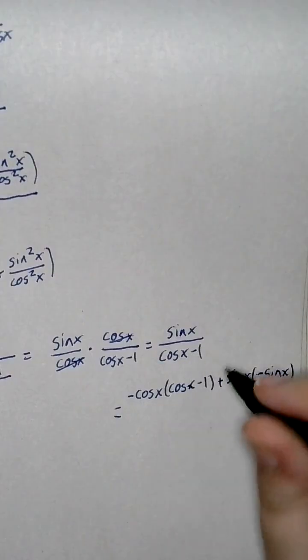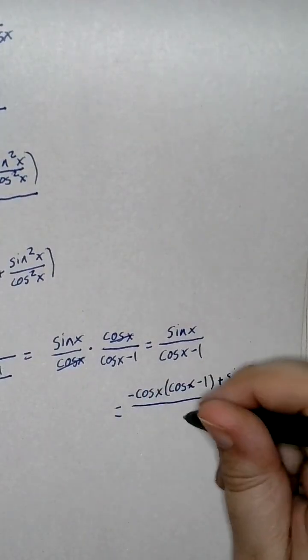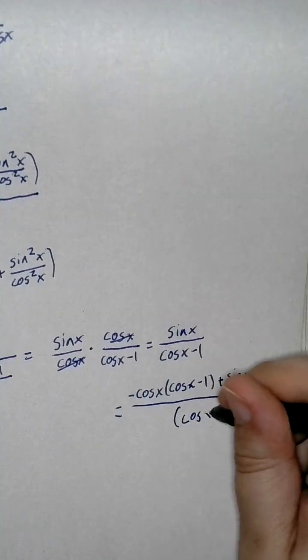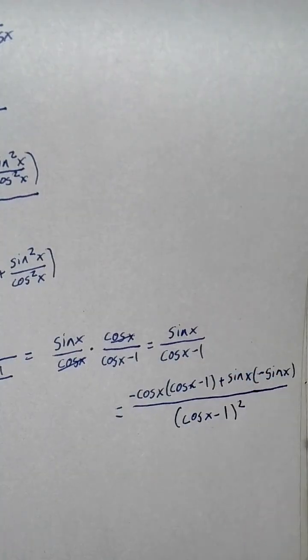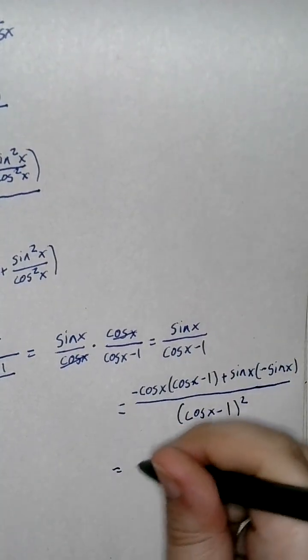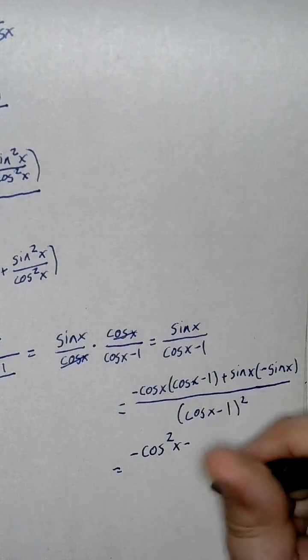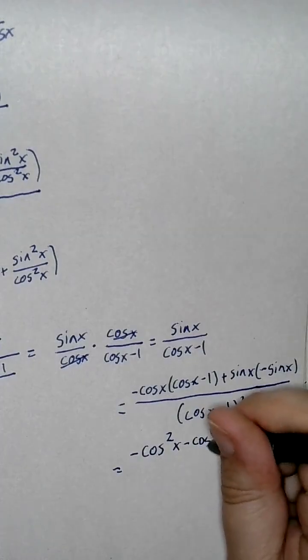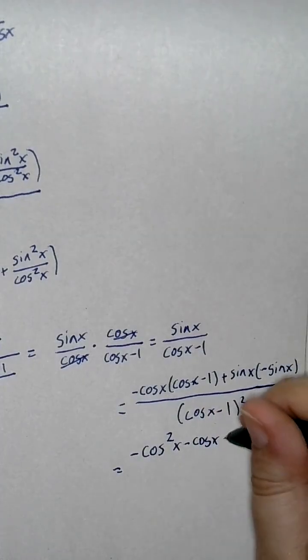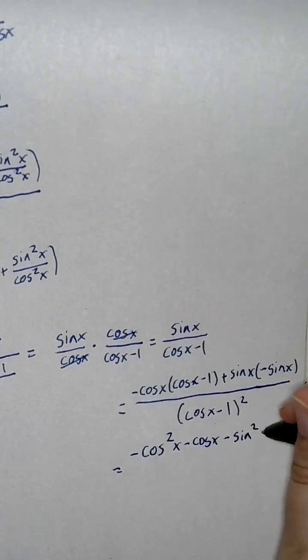And then the derivative of 1 is 0, all over cosine x minus 1 all squared. That's going to be negative cosine squared x minus cosine minus sine x, sine squared x. Here we go.